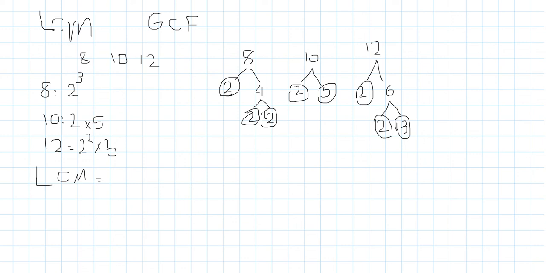We choose 2 to the power of 3. For 3 we only have 1, so we write it, and for 5 we only have 1, so write 5 itself. My answer is 8 times 3 times 5. It will be 120. It is the LCM between these three.